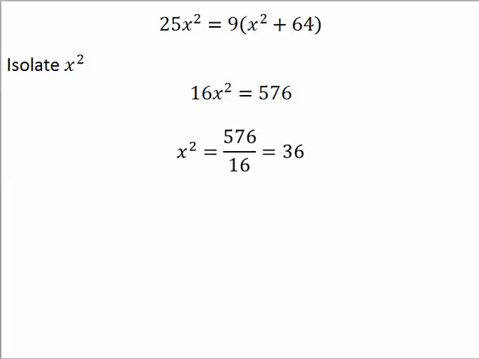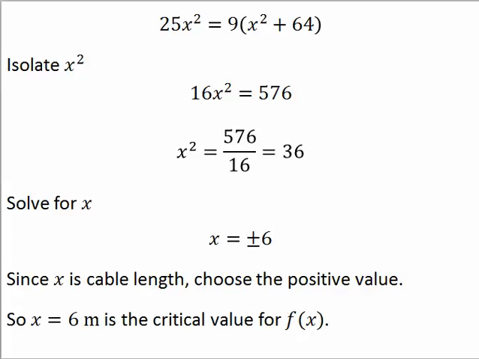Divide both sides by 16, and then solving for x, I get x equals plus or minus 6. Since x is cable length, we choose the positive value of x and ignore the negative value. So x equals 6 meters is the critical value for f of x. It's a critical point.